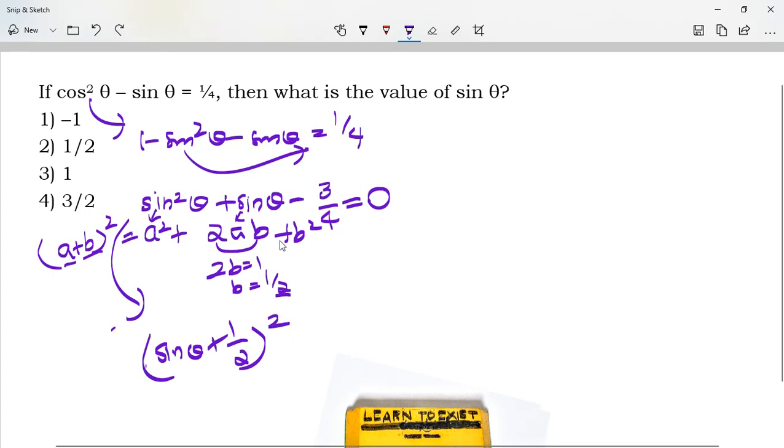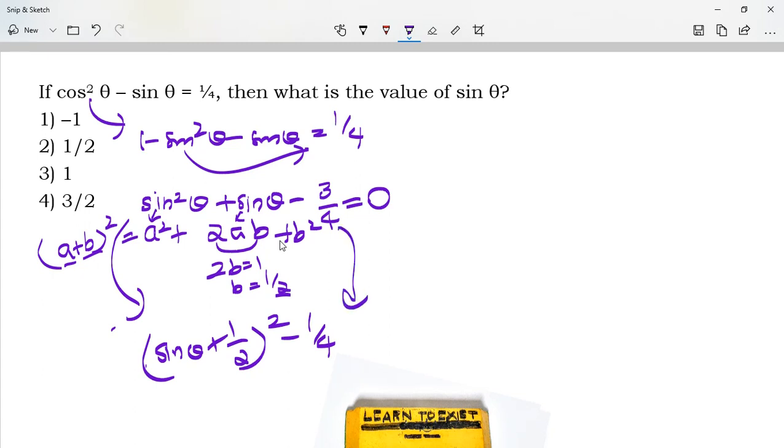Sine theta plus 1 by 2 whole square would be sine square theta plus 2 into 1 by 2 into sine theta, which would be sine theta itself, and that's why we made it into this format. And there's another term remaining, right? 1 by 2 whole square, which will be 1 by 4. So we need to subtract 1 by 4 from this term. And we will write the minus 3 by 4 as it has always been.